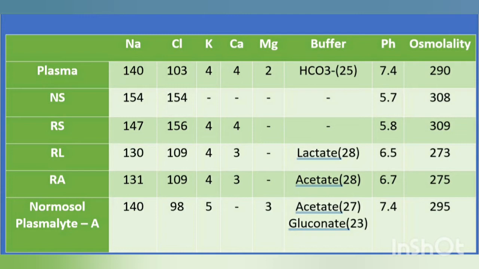The chloride content is 109, potassium 4, calcium 3, and then a buffer of lactate 28, which gives us a pH of 6.5 and osmolality of 273, which is again very close to that of the plasma, that is 290. So Ringer's lactate is more normal than the normal saline.